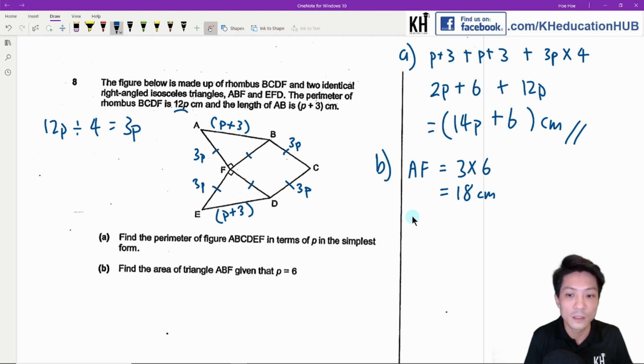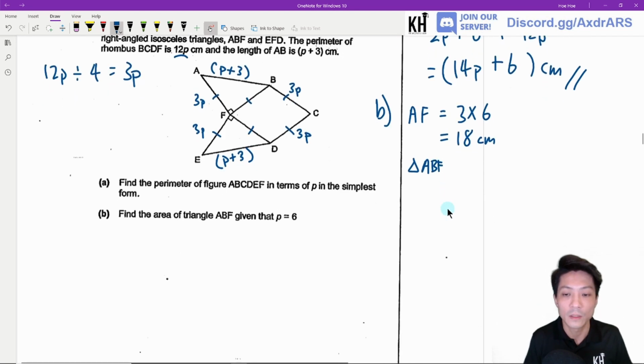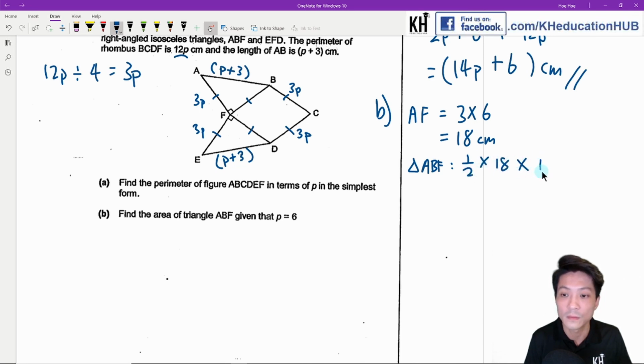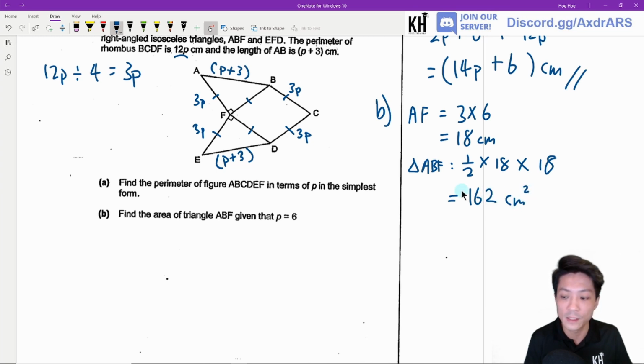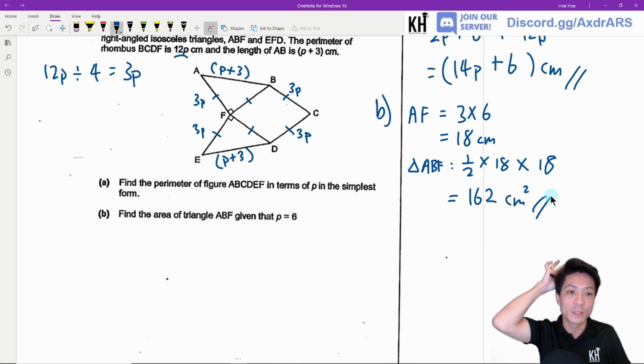So to find the area of triangle ABF, I just need to use half times 18 times 18, which will give me 162 square cm. This will be the answer for part B.